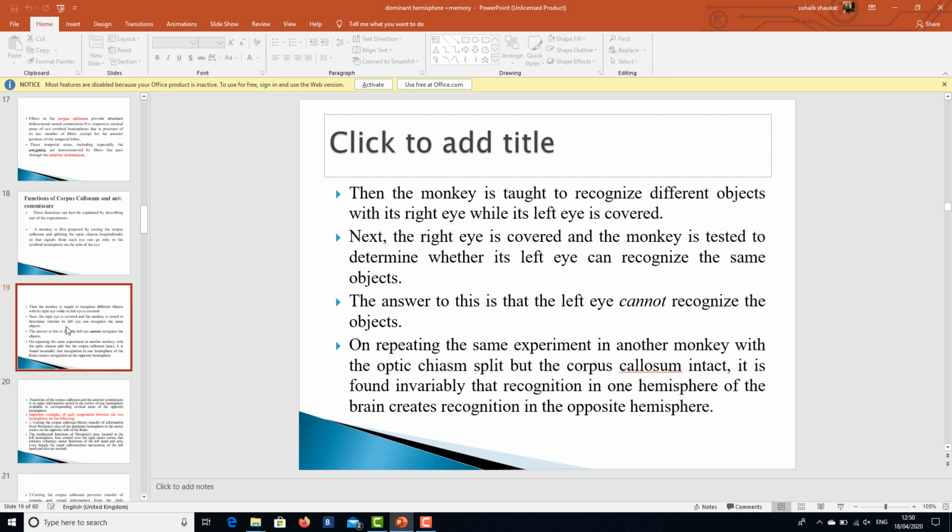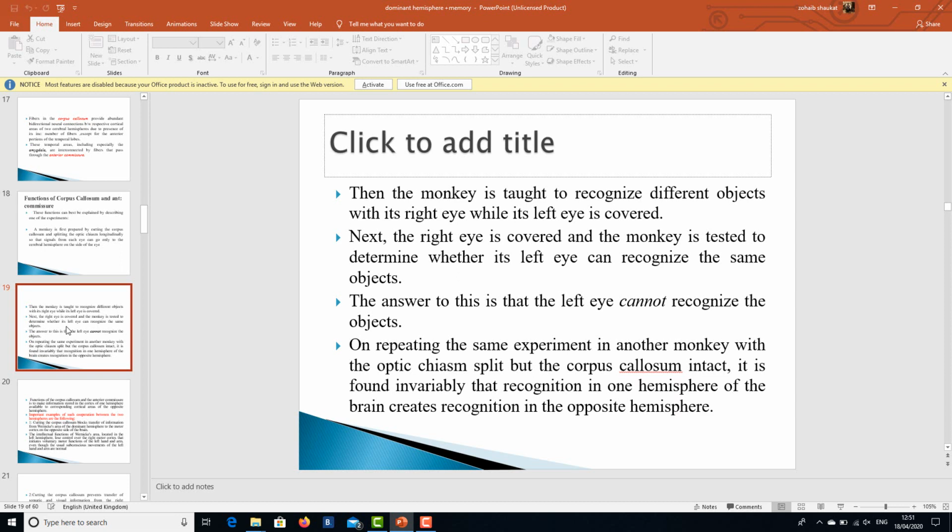Then the monkey is taught to recognize different objects with its right eye while the left eye is covered. Next, the right eye is covered and the monkey is tested to determine whether its left eye can recognize the same objects or not. The answer is that the left eye cannot recognize the objects.